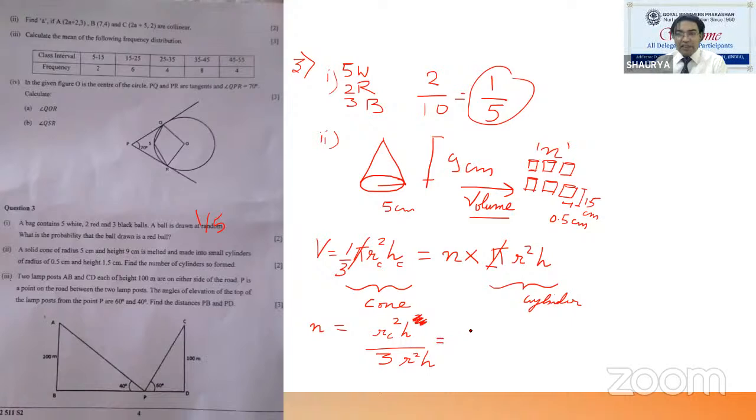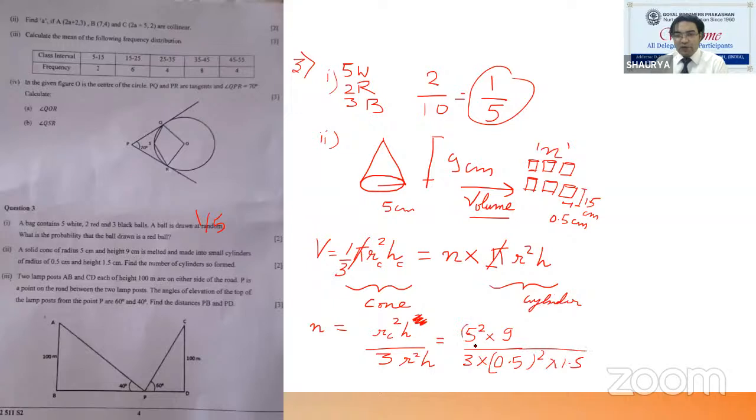All the data is already in centimeters, so we need not convert any unit. Radius of cone is 5. So it's 5 square multiplied by 9, that is the height of cone, divided by 3 multiplied by 0.5 square, that is radius of each cylinder, multiplied by height of each cylinder, that is 1.5.